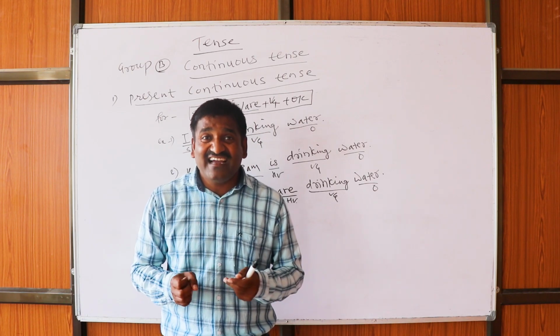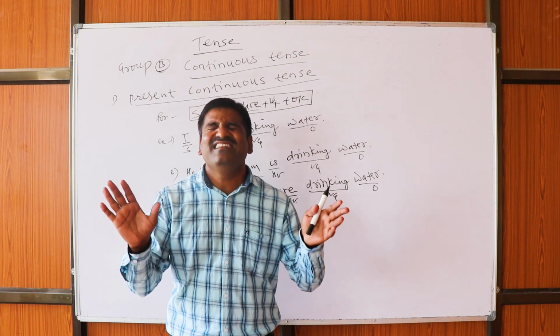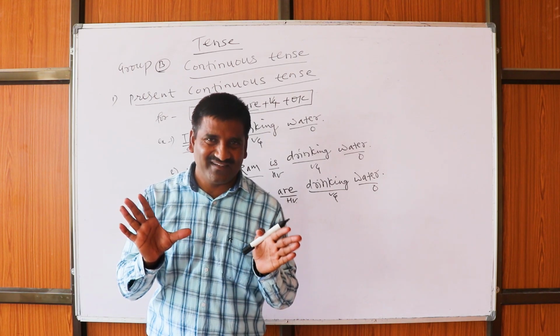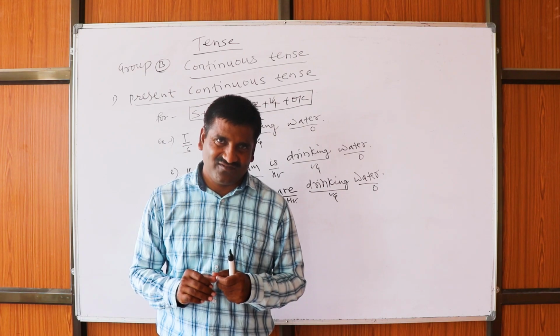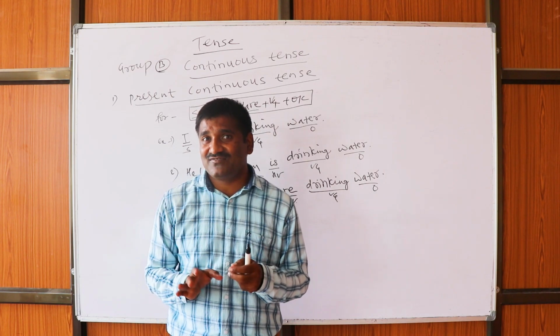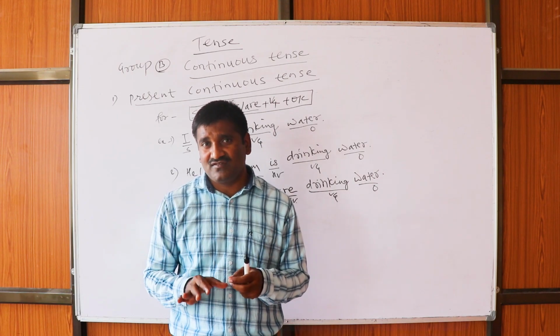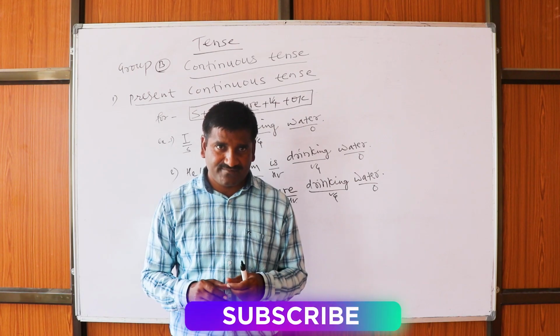We must say, I understand you, I shall try to understand you, but we never say, I am understanding you. These common sense things, you have to take care of this. Okay, so present continuous is used for temporary running actions. It must not be used with sensual verbs, non-action verbs.